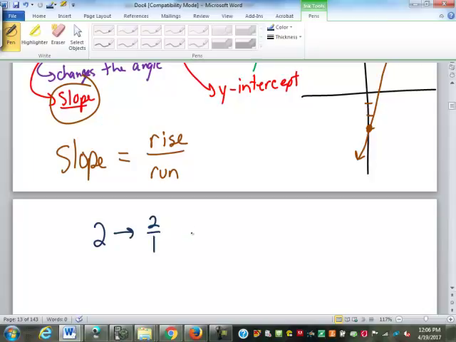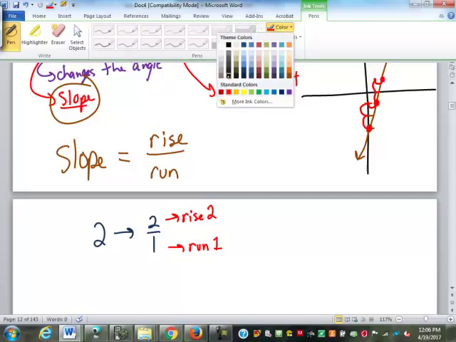So what that is saying is we rise 2 units for every 1 unit that we run. So if I go over here to my starting point, that would say I have to go up 2 and then over 1. And there's a second point on the line. And I can keep repeating that. Go up 2 over 1. There's another point on the line. And I can use that to graph my lines.